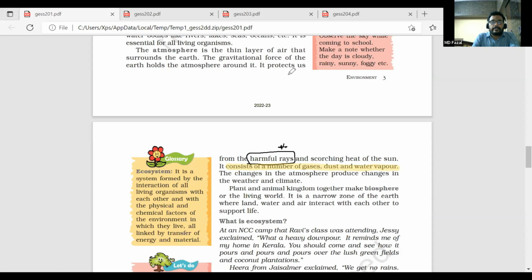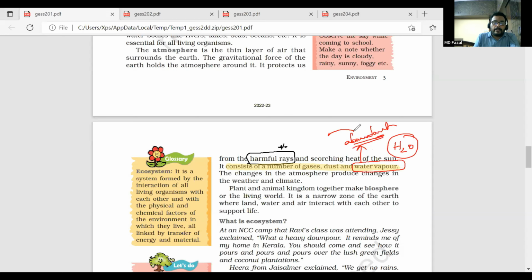We highlight the water vapor separately, and later when I teach you the water cycle, I'll clearly explain why we always show water vapor as a separate component, and why we say water vapor is abundantly present.